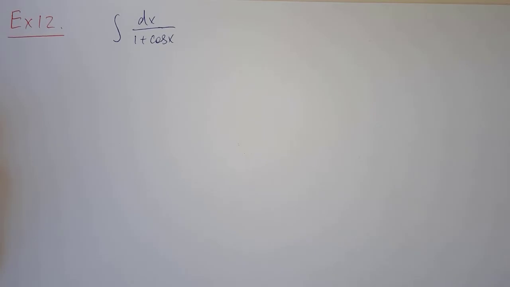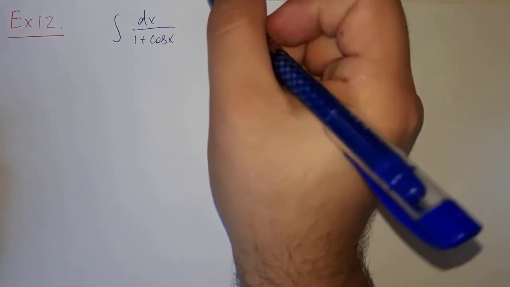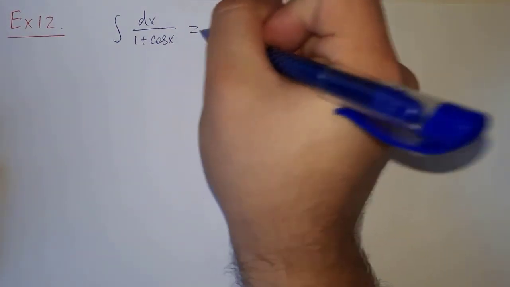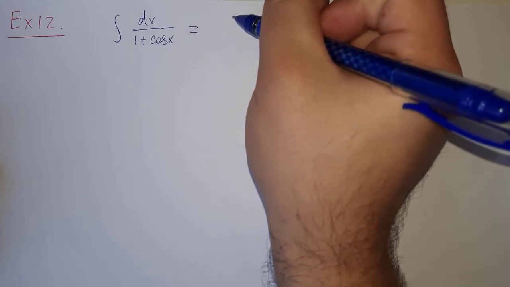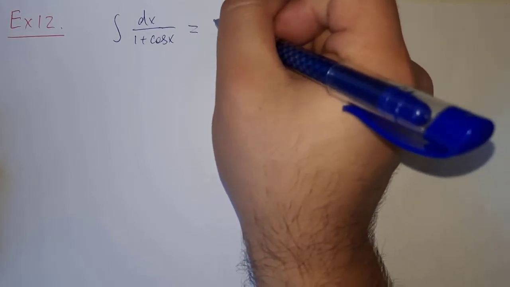And the next example: calculate the integral dx over 1 plus cosine x. So here, what do we need first? Use the trigonometry formula.